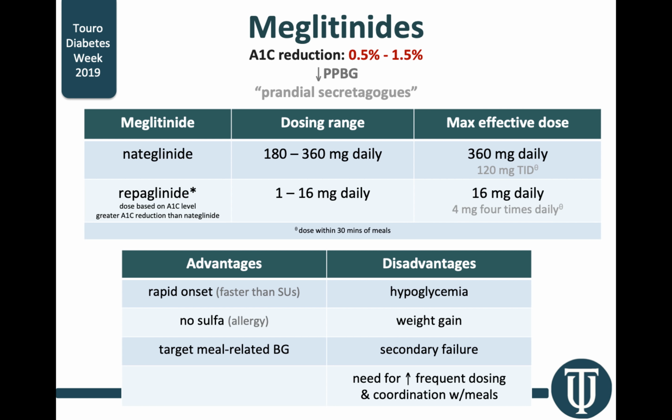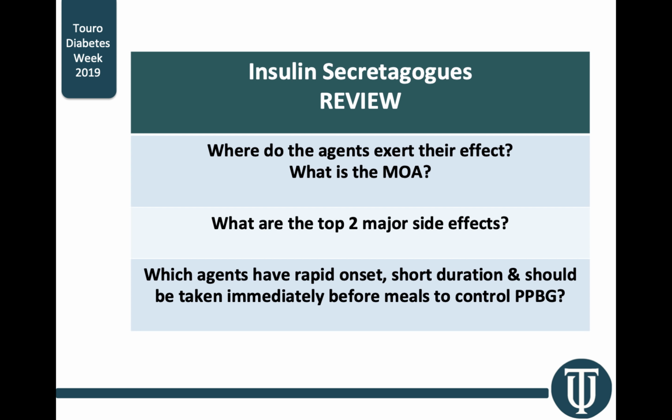For disadvantages, same as sulfonylurea: it will cause hypoglycemia, weight gain, and secondary failure, because these medications push the pancreas to produce more insulin, but eventually the result is to burn the pancreas out. The other disadvantage is that we have to dose the medication more frequently.